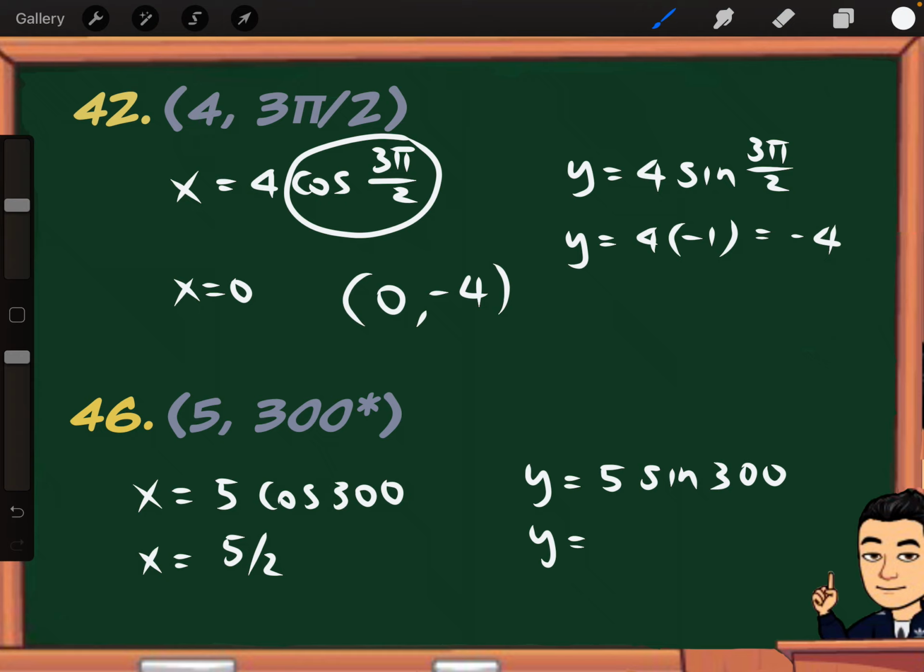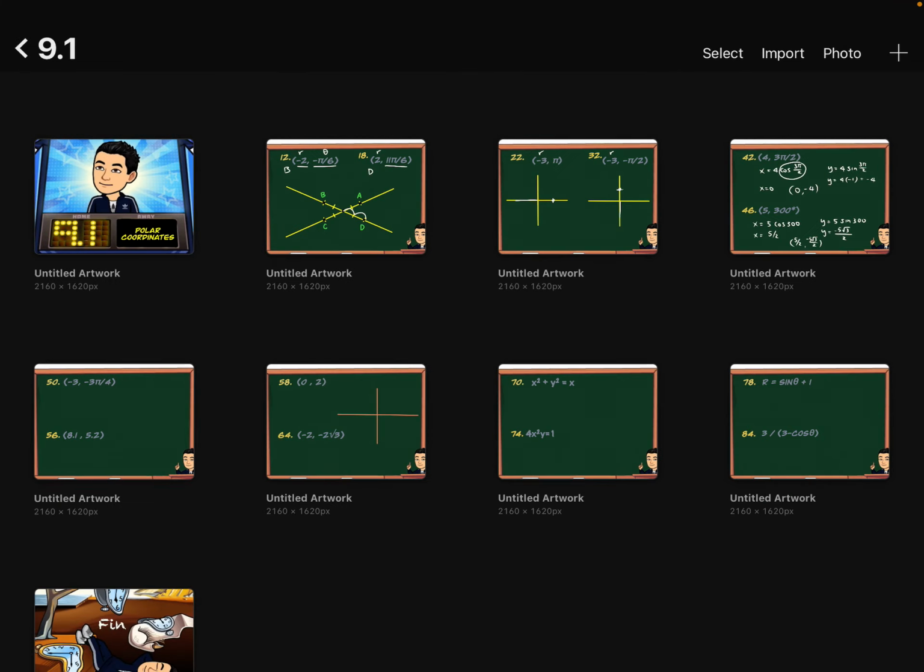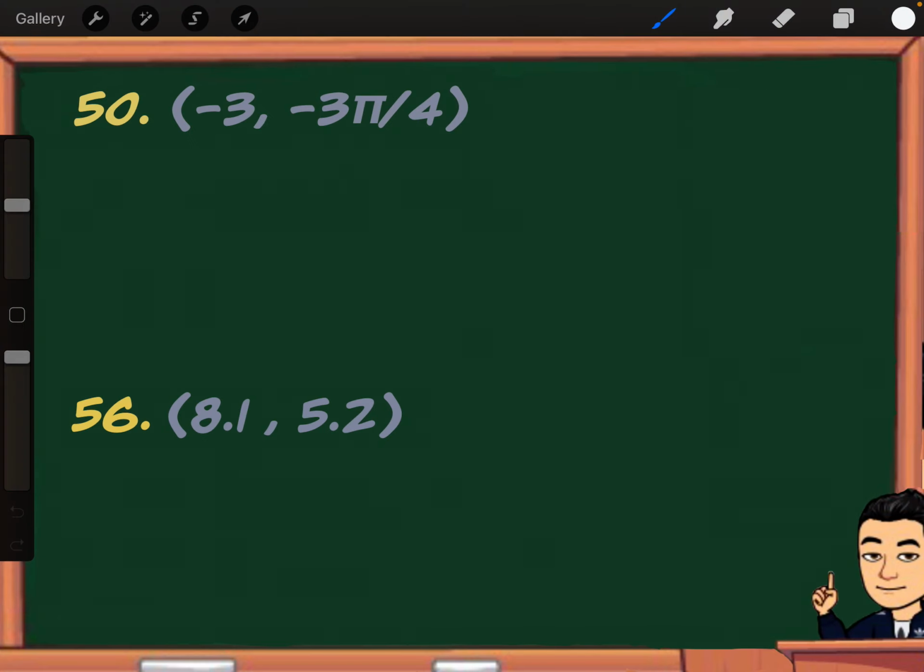And then just go ahead and draw your triangle and figure it out. Your y is going to equal -5 rad 3 over 2. So you're going to just put that in the coordinates. So 5 halves, and this one is -5 rad 3 over 2. Okay, let's check out the next one.